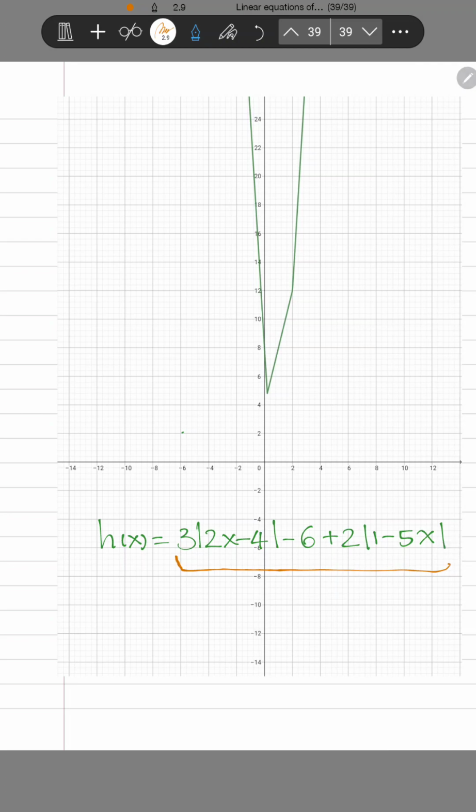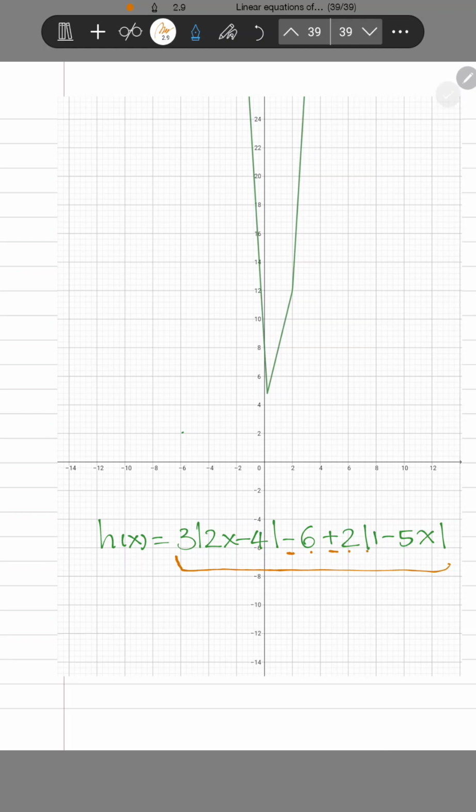The equation was, if you remember, 3 times the absolute value of 2x minus 4 is equal to 6 minus 2 times, in brackets, the absolute value of 1 minus 5x.